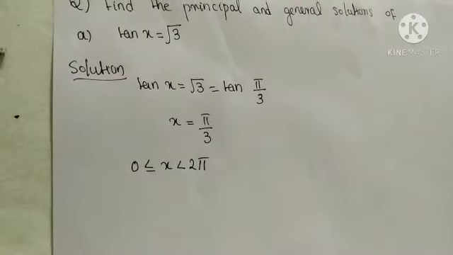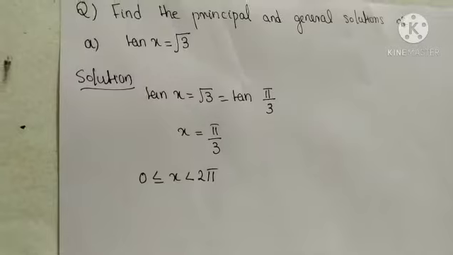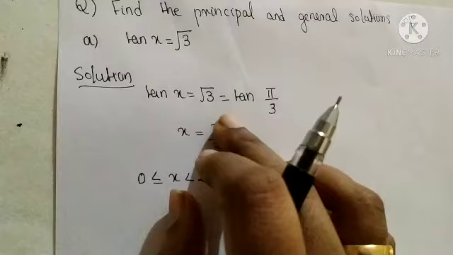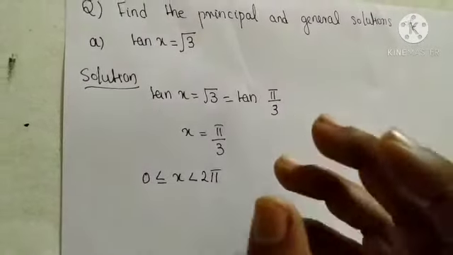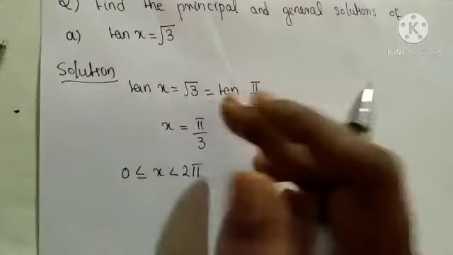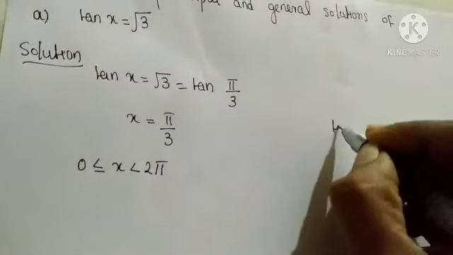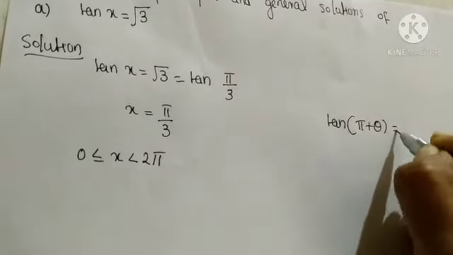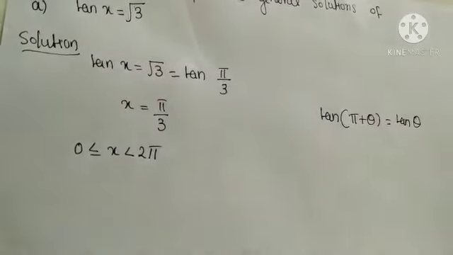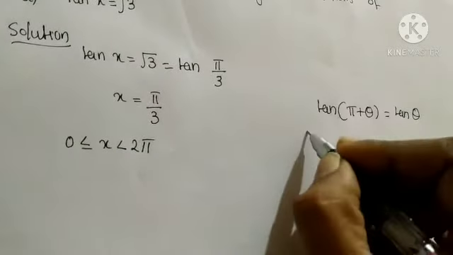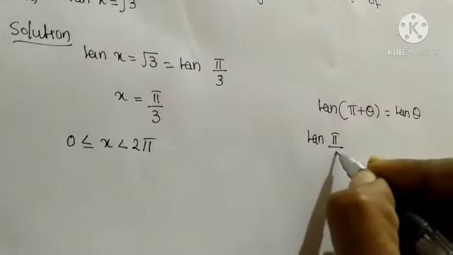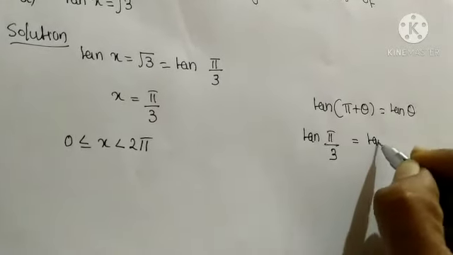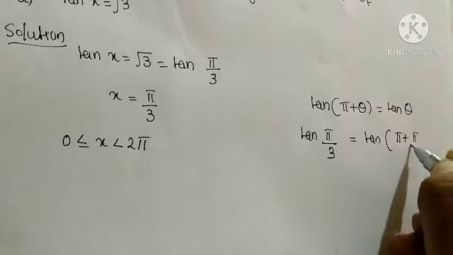So next we need to find the another angle which is less than 2 pi which satisfies the same value, or which gives the value root 3. So here we know that tan pi plus theta is equal to tan theta. Right. So here I am going to use this formula here, that is tan pi by 3 can also be written as tan pi plus pi by 3.